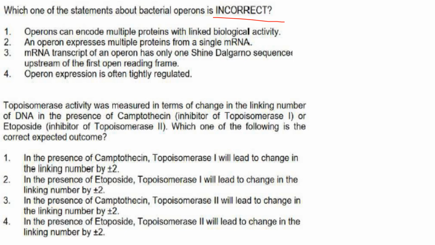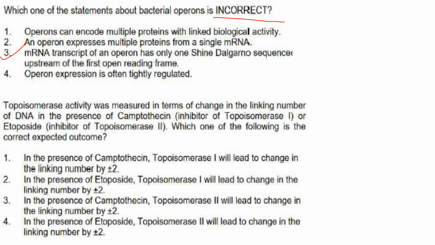No. It has more than that. If you take the case of lac operon, it has multiple Shine-Dalgarno sequences. That means lac operon codes for 3 proteins, each with its own Shine-Dalgarno sequence. So the incorrect statement is option 3. Operon expression is often tightly regulated. That is also correct.